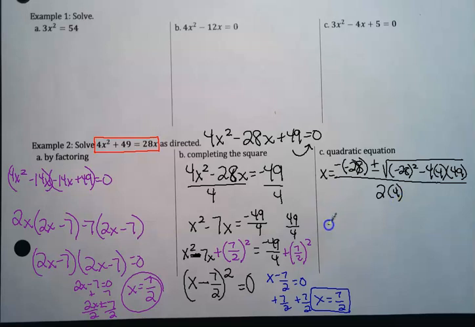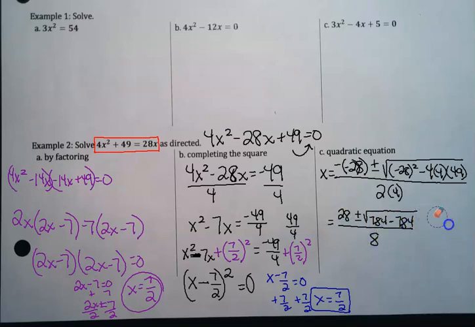Okay, so then we've got this equals a positive 28 plus or minus the square root. Negative 28 squared is 784 minus 4 times 4 is 16. 16 times 49 is 784. And that's all over 8. All right, let's erase here.